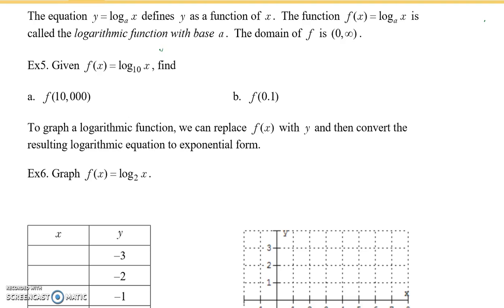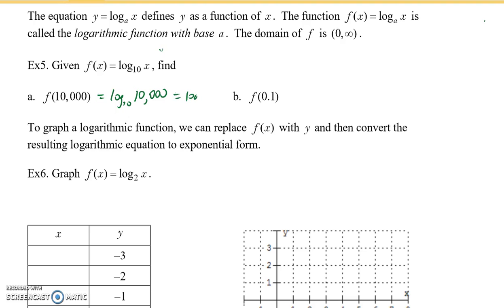So this is also referred to as a common logarithm, base 10. Suppose we want to evaluate f of 10,000. Then this would be equivalent to evaluating log base 10 of 10,000. Well, 10,000 is a power of 10.